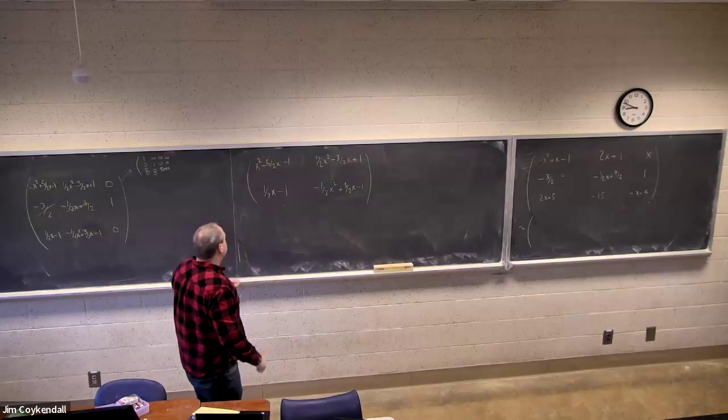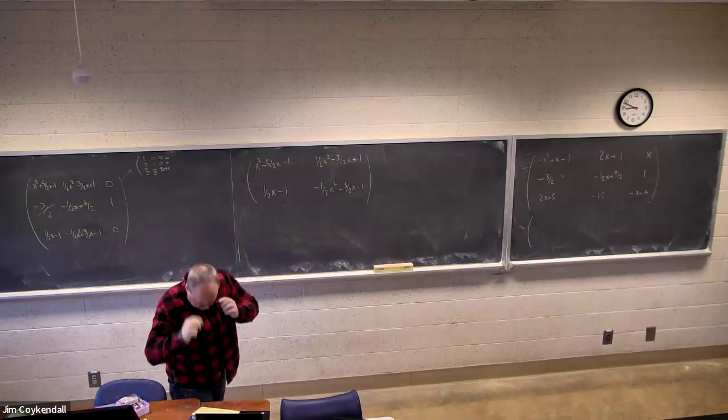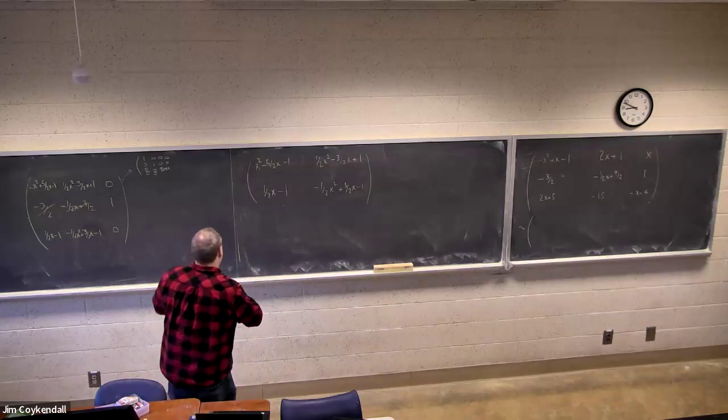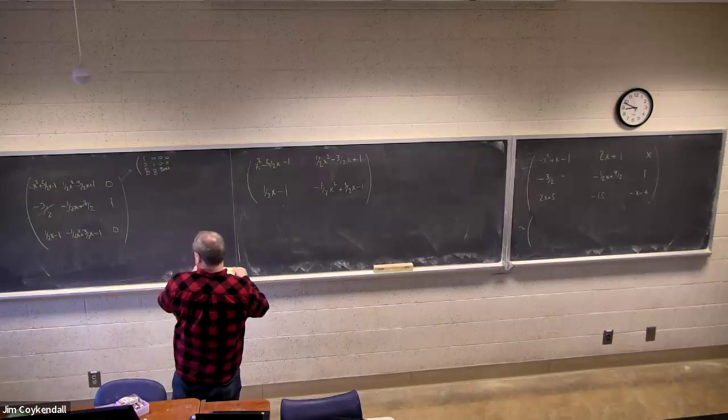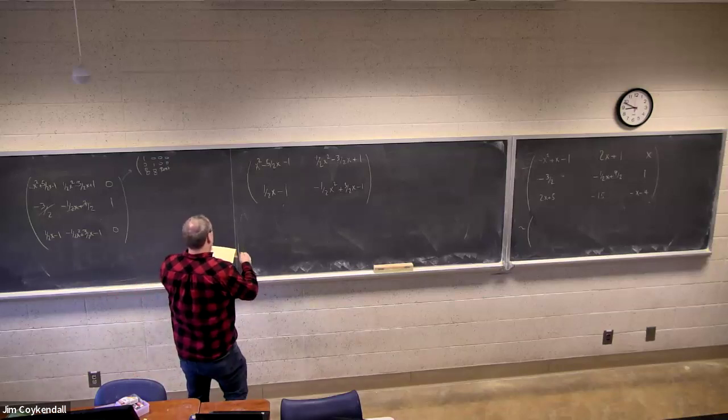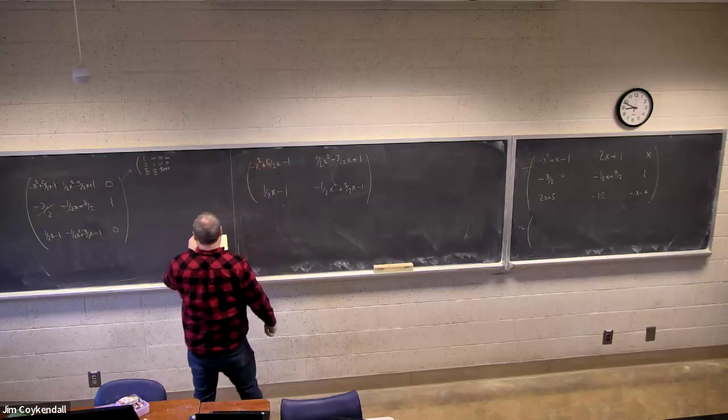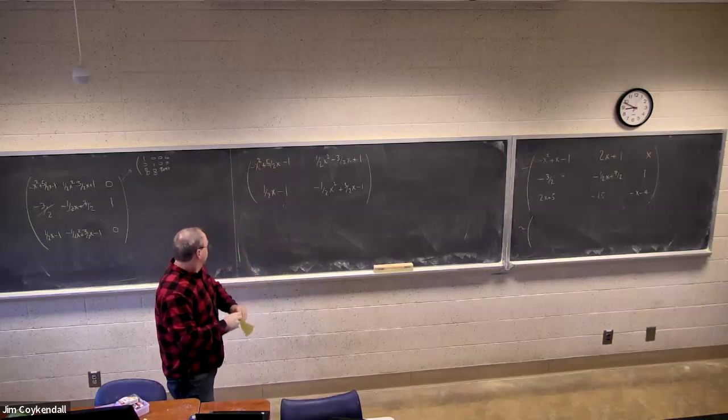Is the top left entry a little different? Maybe, let's see. I think the first two signs are wrong. I think you're right. Minus plus. There we go. That's better.